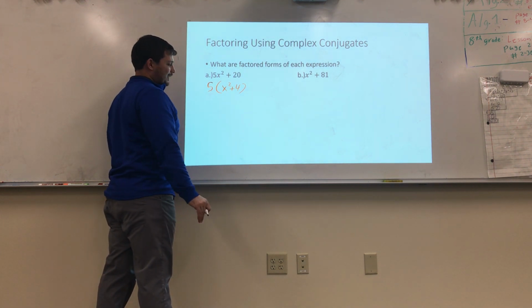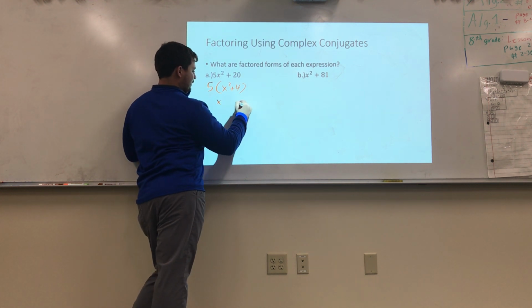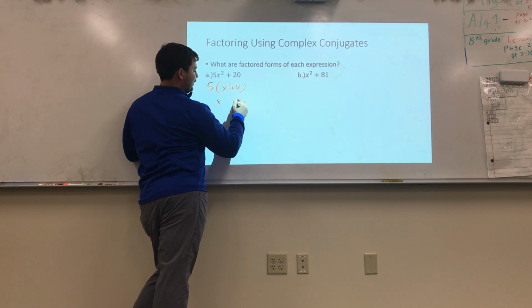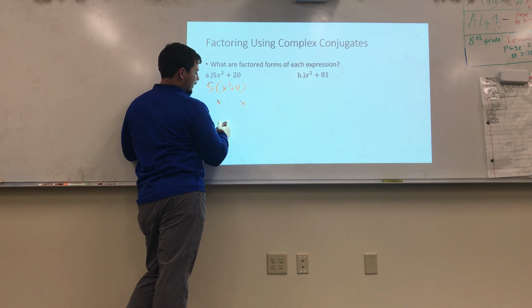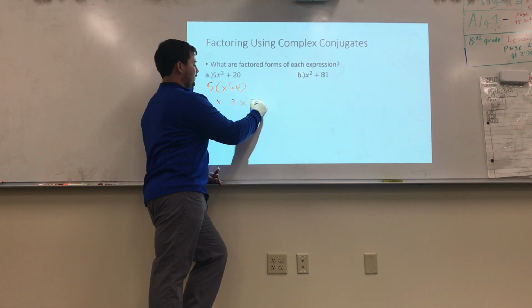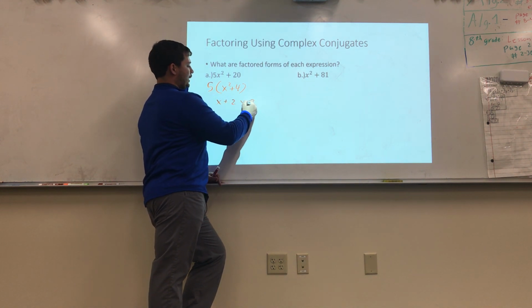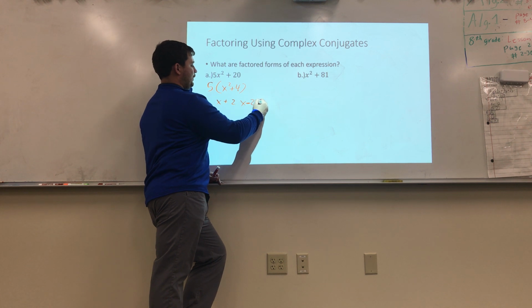Now we have these things called imaginary numbers that make life really good. When you do imaginary numbers, you still have to get x to the second, and you still have to get this to be a perfect square. So we're going to have a 2, and we're going to have a 2. I'm going to go plus and minus now, and then I have to have an i squared.